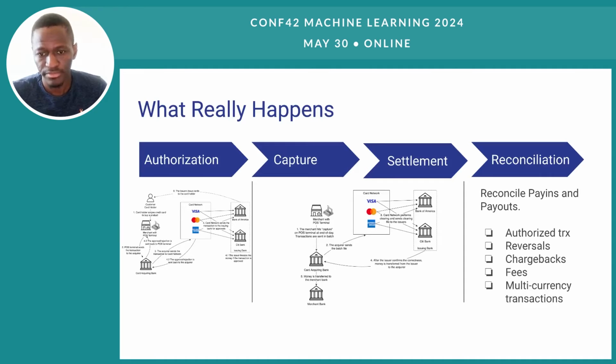Companies have to implement very sophisticated systems to actually do reconciliation. Reconciliation, as far as I'm concerned, is the most difficult, the most daunting part of this whole process. Not to say others are simple. Mostly they require speed, especially authorization.